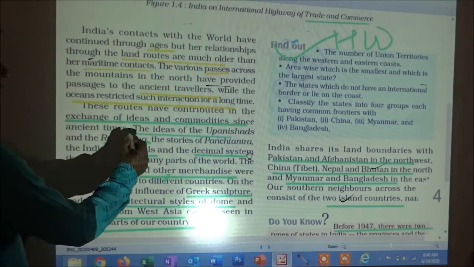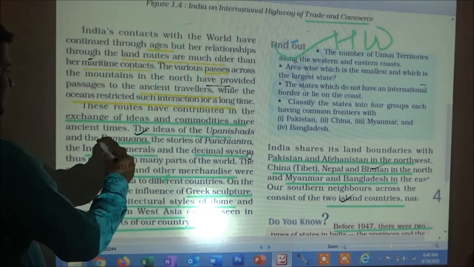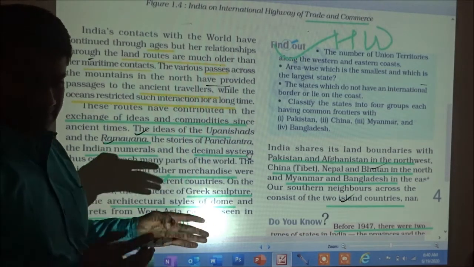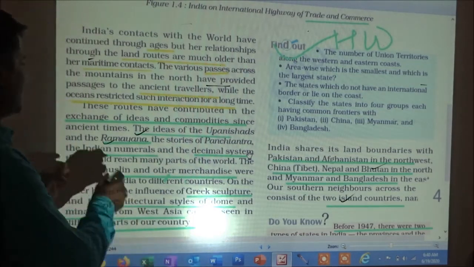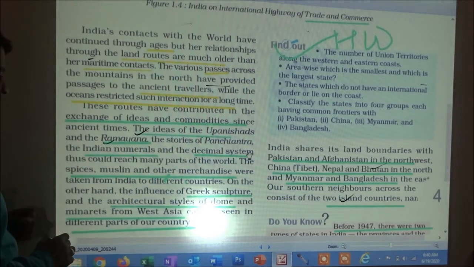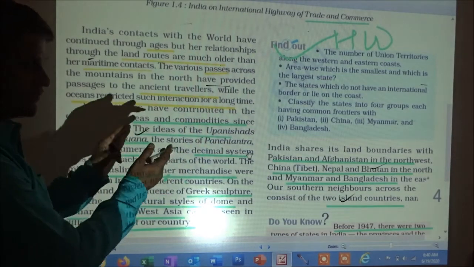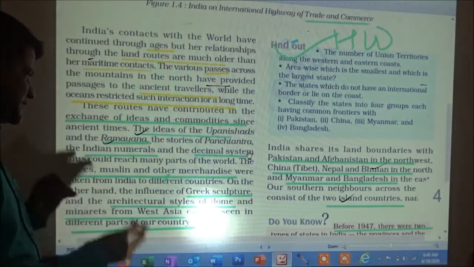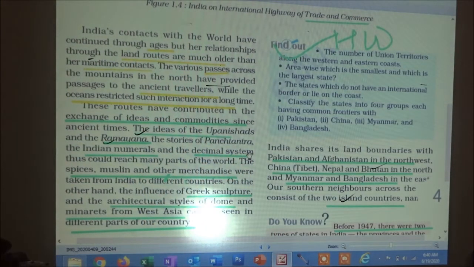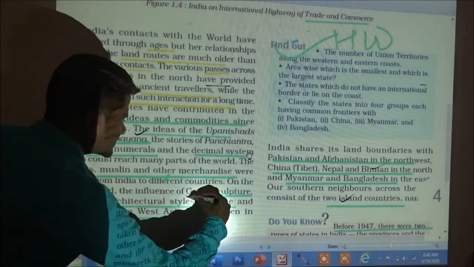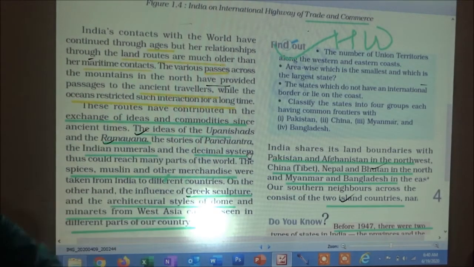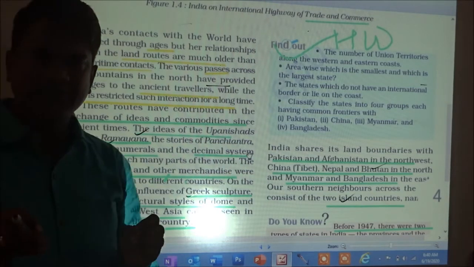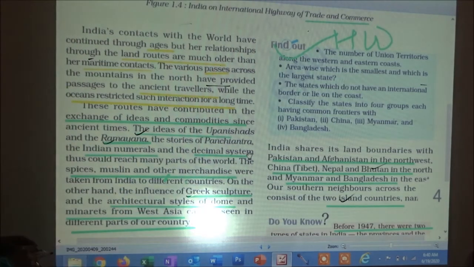We find that the ideas of the Upanishads, the Ramayana, the stories of the Panchatantra, which are very famous among students, and the Indian numeral decimal system reached different nations in the world and they benefited. Similarly, we also benefited; we were influenced by Greek culture and architectural style, which you can find in different historical monuments present in India.